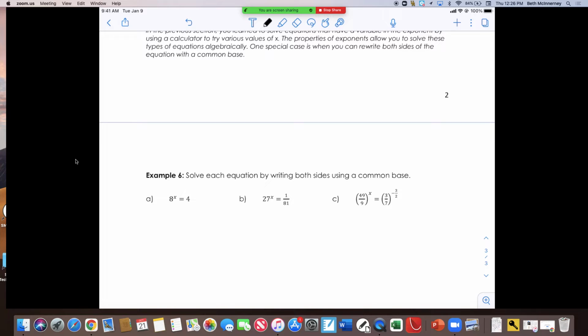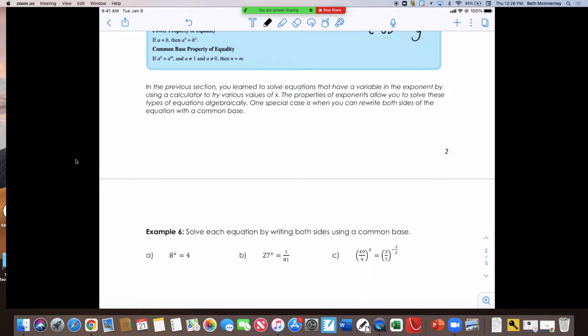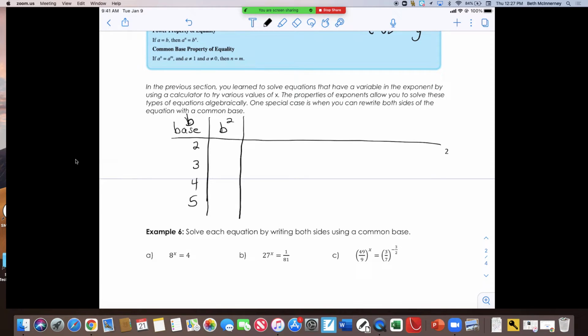So, what I need you to do is look at, well, maybe we make a little table here, just a few of these, okay? So if I have a base of 2, 3, 4, and let's say 5, and I'll call that base B. If I square them, that's 4, 9, 16, and 25.